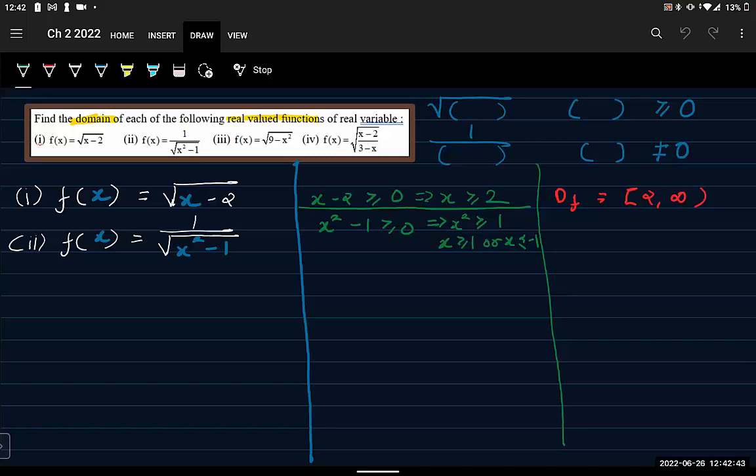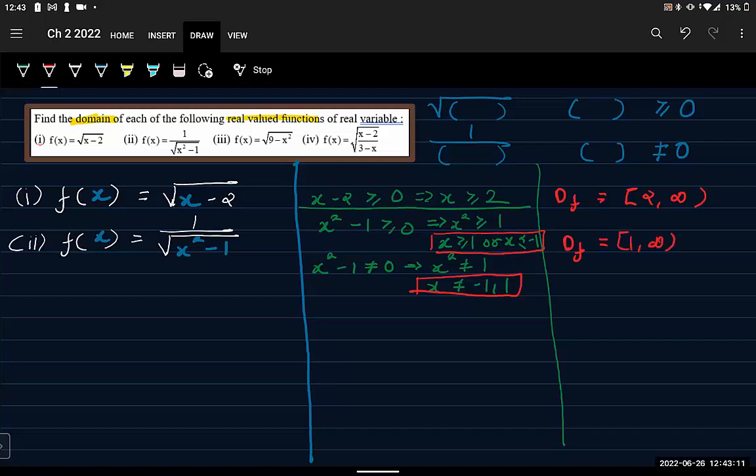Now we'll satisfy the second condition, which says x square minus 1 cannot be equals to 0, which means x square cannot be equals to 1, which means x cannot take the values minus 1 and 1. Satisfying these two conditions simultaneously, we can remove the equals to sign and we can say the domain of this function would be from 1 to infinity, since again 1 would not be included, union minus infinity to minus 1.